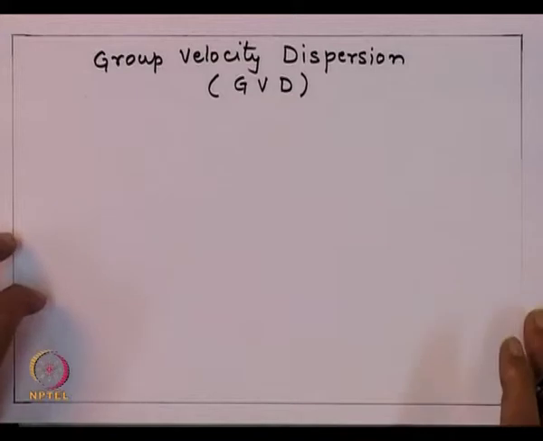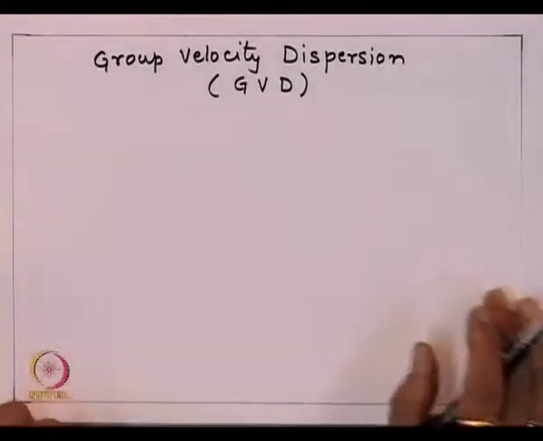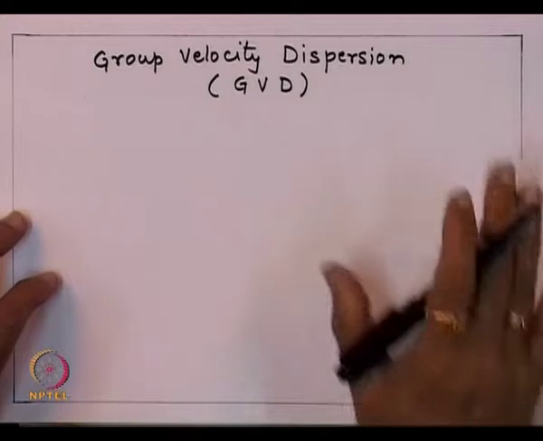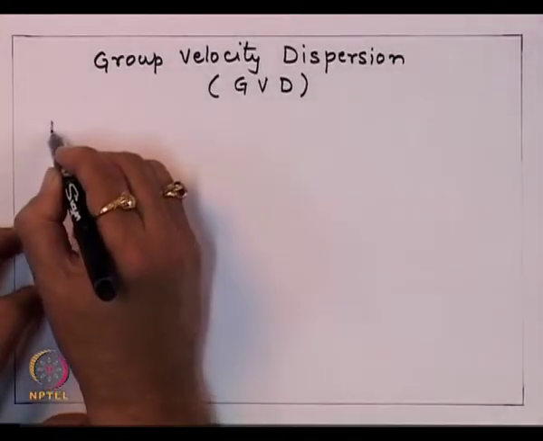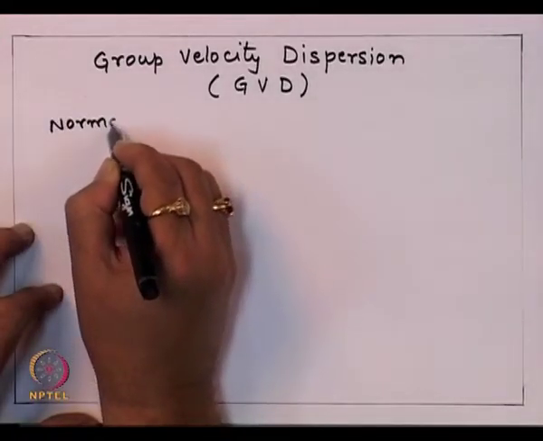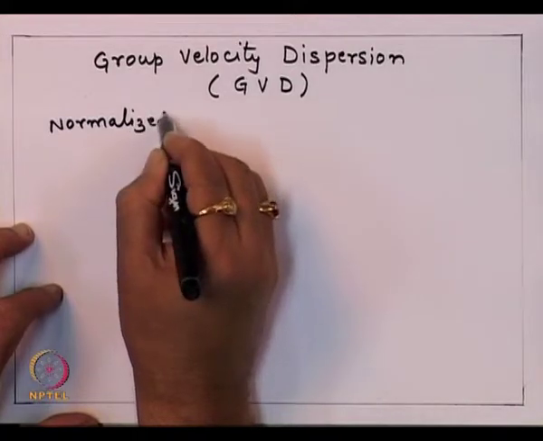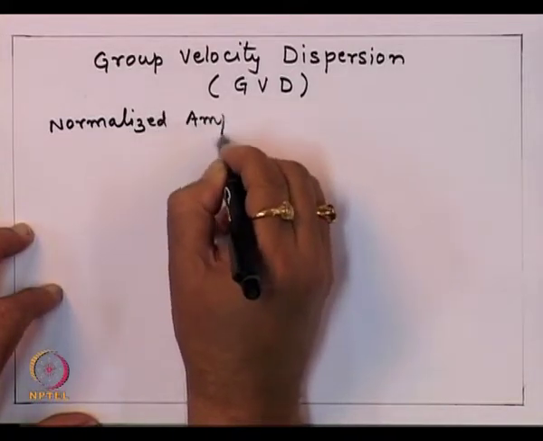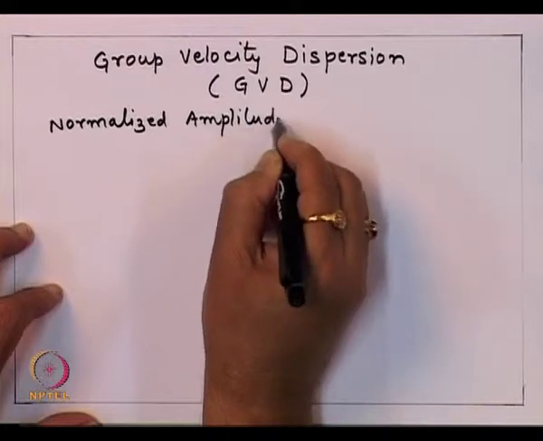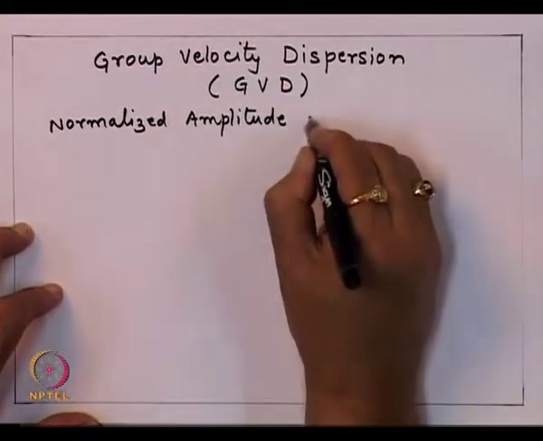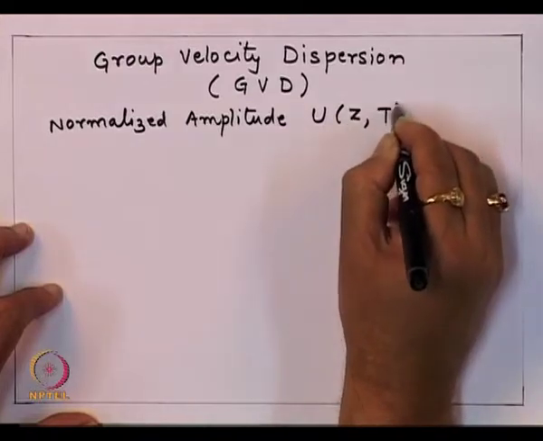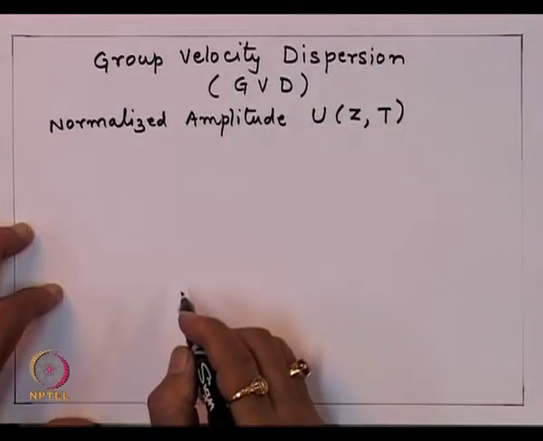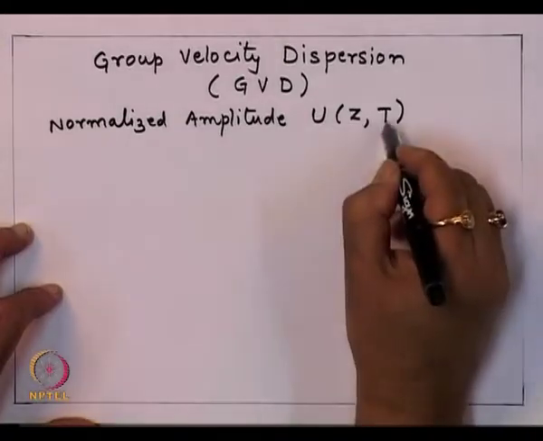Now, for solving the nonlinear Schrodinger equation, let us redefine certain parameters to take into account the losses on the optical fiber. So, let us define a normalized amplitude u, which is a function of z distance and a time t, and we have defined this normalized time t.